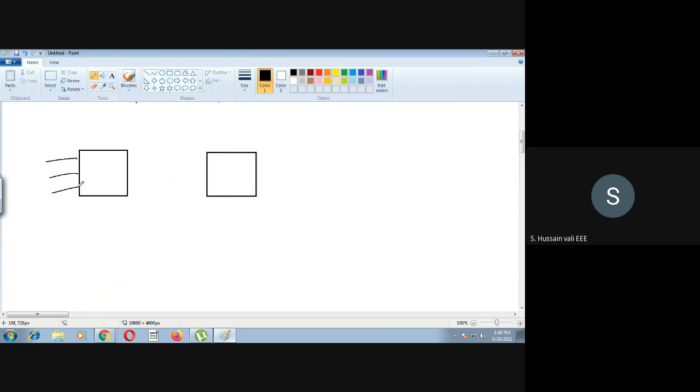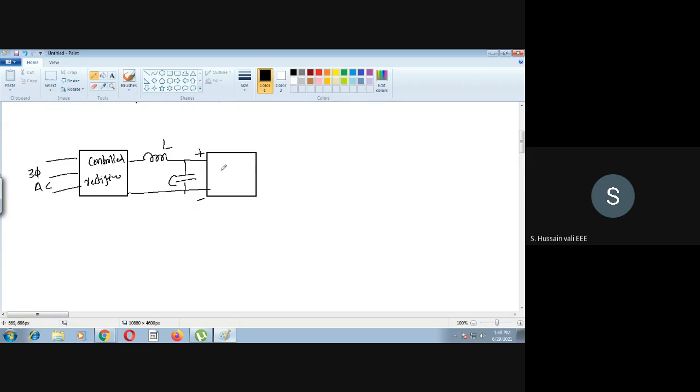You give three phase AC here to the controlled rectifier. Then after that, an LC filter. So this rectified voltage will be filtered, and you will get pure DC here. Okay.